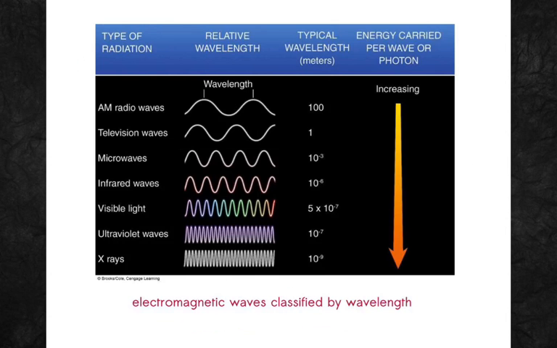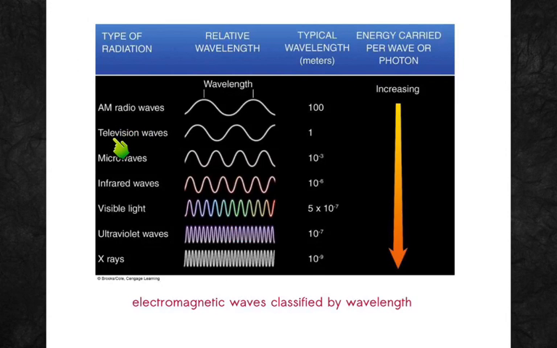This is a figure that illustrates radiation of different wavelengths, going from longer wavelengths on the top to shorter wavelengths on the bottom. On the longer wavelength parts of the electromagnetic spectrum, we've got things like radio waves and television waves.